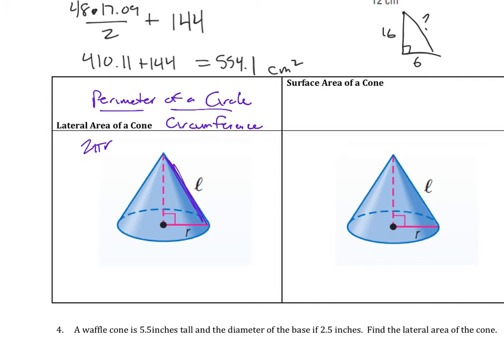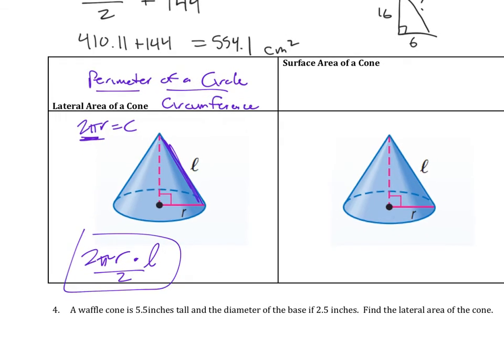So what that ends up looking like is this: 2 pi r is going to be my circumference times my slant height divided by 2. Okay, instead of perimeter, I know what the perimeter of a circle is. It's called a circumference, and I know that it's double r times pi. So this is going to be how I figure out the lateral area of a cone.